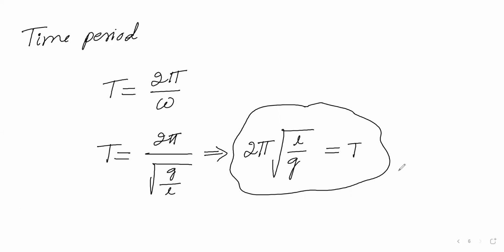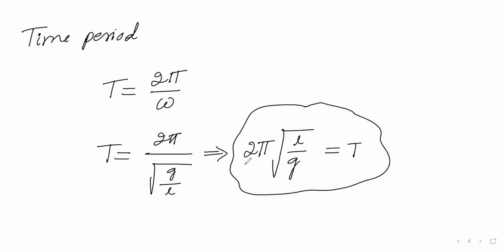Then again further, if you want to write the frequency, we know that frequency nu equals 1 by T, and we have the expression for time period 2 pi into square root of L by g.